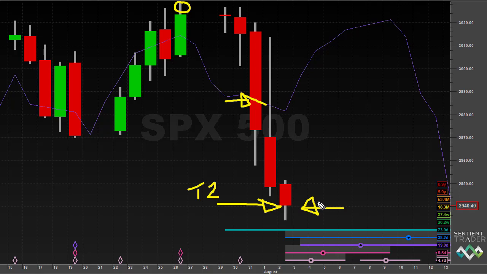Now, that does not necessarily mean that that is the end of this move, and that is why we recommend a money management process that actually involves taking a little bit of profit a little bit higher up. That's the T1 target, and then you take some profit at the T2 target, but then you keep some money in the trade because you still have some contracts on this trade to benefit from a further move downwards.